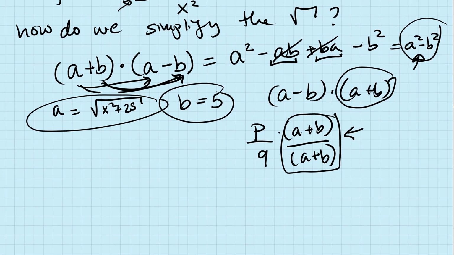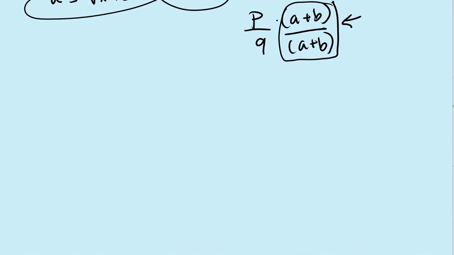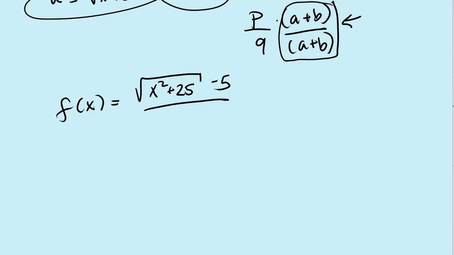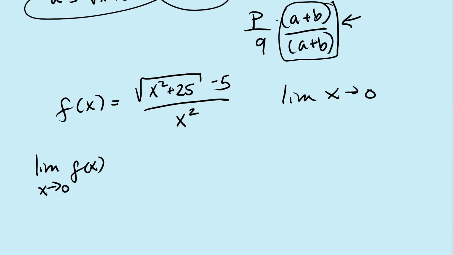So let's just move up here. We have f of x equals the square root of x squared plus 25 minus 5, divided by x squared. And we're going to look at the limit as x goes to 0. Okay, in order to do that, we are going to multiply and divide both elements of our fraction here.